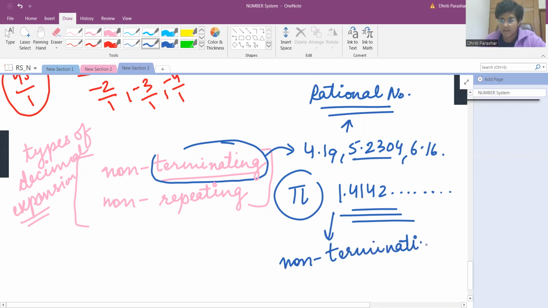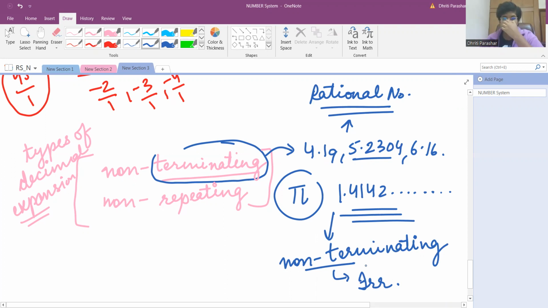And this is why it is irrational. A number which has a terminating decimal expansion is rational because then it can be represented in the form of p by q, right? But a number which has a non-terminating decimal expansion is irrational.